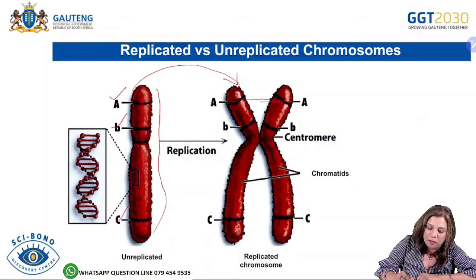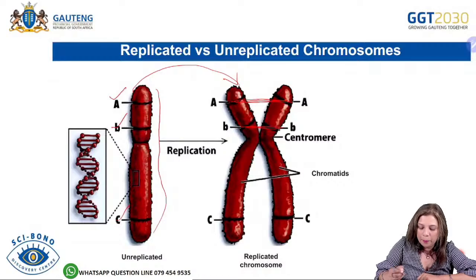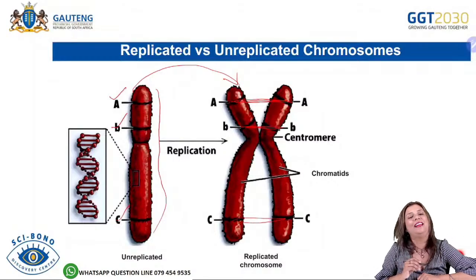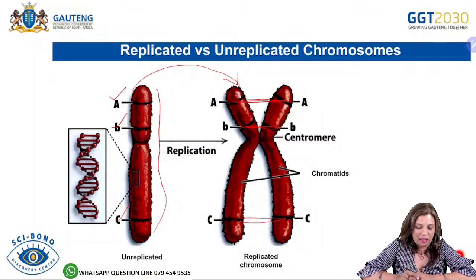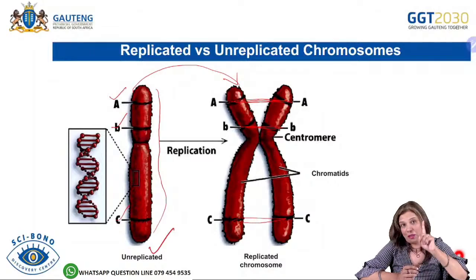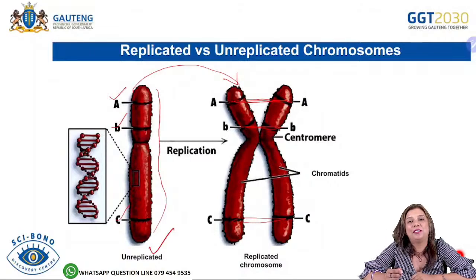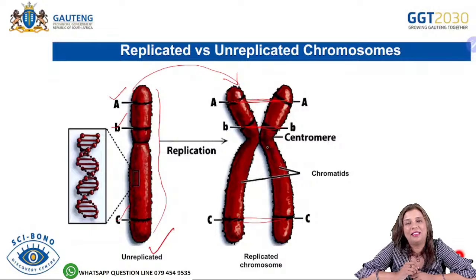So look at the position of the A gene. They are in line with each other. The position of the B gene. Okay? So what can we say? It's made like a carbon copy of itself. Okay? And it's identical. So now we know the difference between an unreplicated chromosome, it's on its own, and a replicated chromosome, it makes an identical copy of itself.